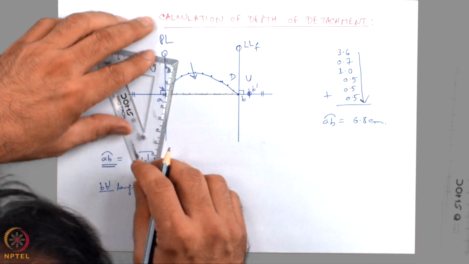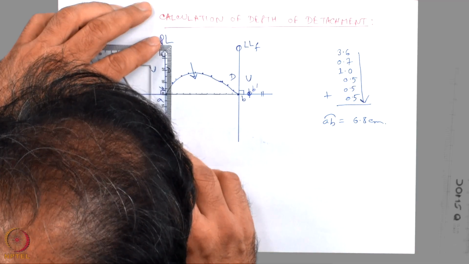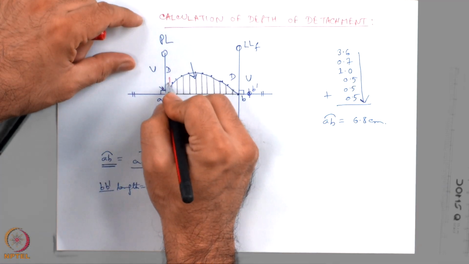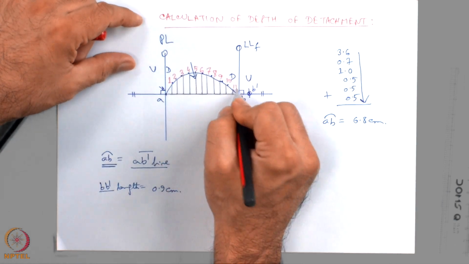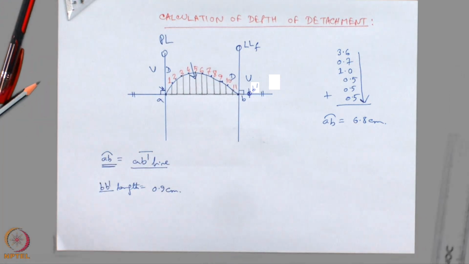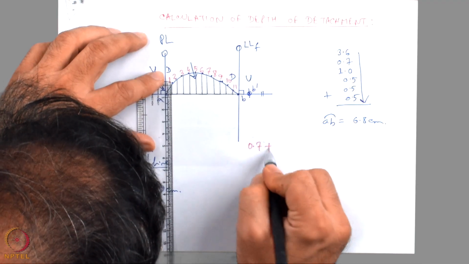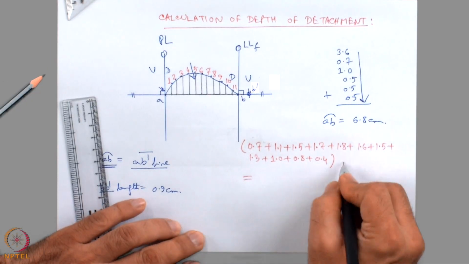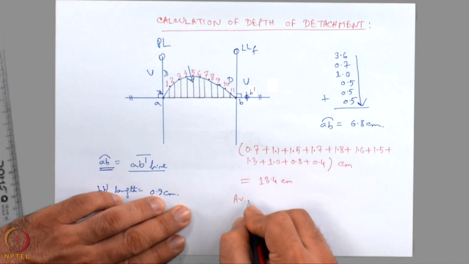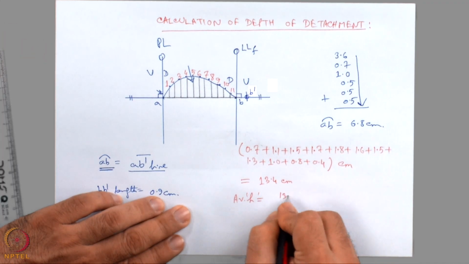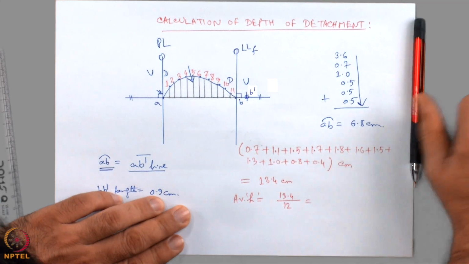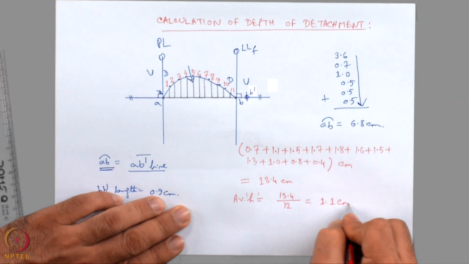Next, I draw normals on the AB line at those points. We have created how many lines? 1, 2, 3, ... 11 lines. We have to find out the sum of the lengths of these 11 lines. This is equal to 13.4 centimeter. The average height is 13.4 divided by 11 plus 1, that is 12, which is equal to 1.1 centimeter.